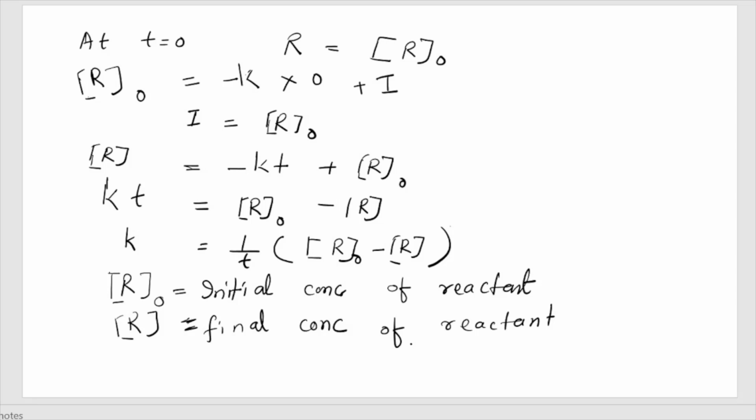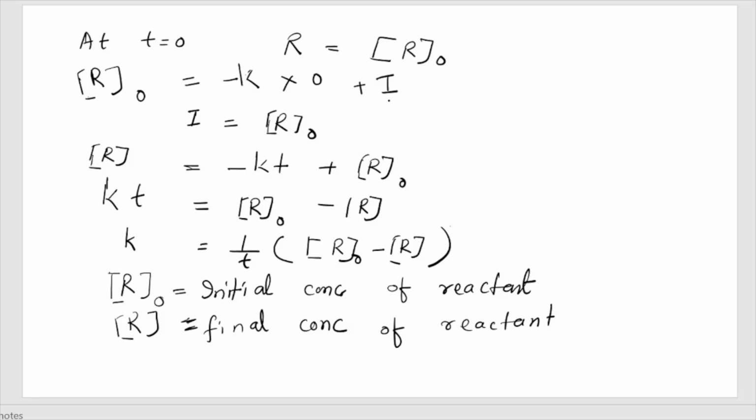So it is called at t equal to 0. When t equal to t, some proper time, then it is [R]. Are you clear? [R] means with proper time. [R]0 means at time t equal to 0. So you calculate the value. [R]0 here equals minus k into 0. Why 0? Because here it is a zero order reaction, so here to the power 0, so it is equal to 0.